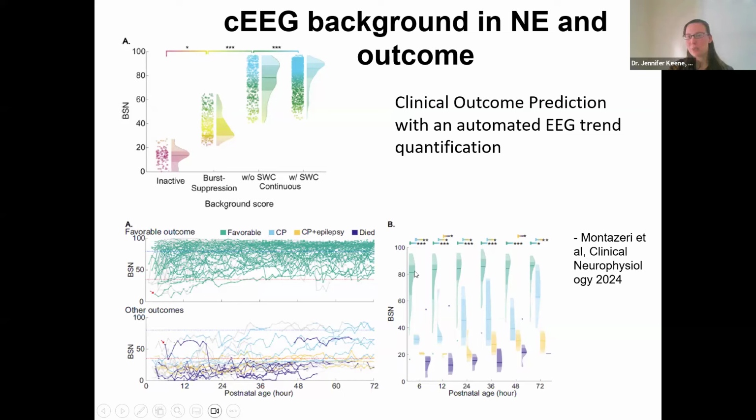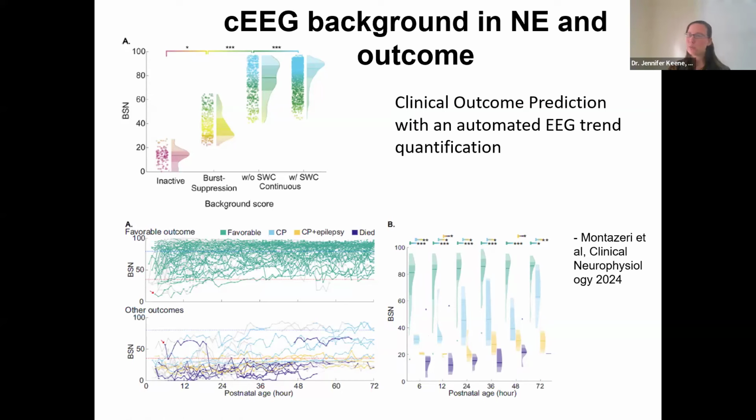And when we look at the distribution at 6, 12, 24, 36, 48, and 72 hours of the children who did well in green versus those who had cerebral palsy, those who had cerebral palsy and epilepsy, and those who died, we can see that while there's certainly overlap, there's distinctly different quantified grades in background between these.